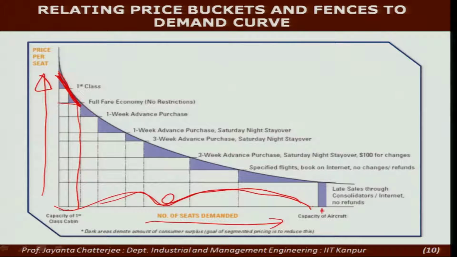Then there can be another section, another quota which is set aside for full fare economy. Again, these are usually people who are traveling on business, corporate travelers. Again, they are in this part where they are not very sensitive to price change, a little bit more than the first class travelers.